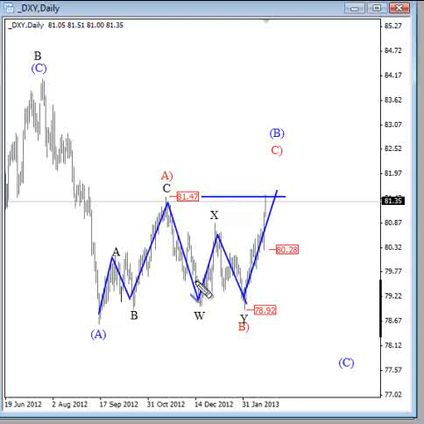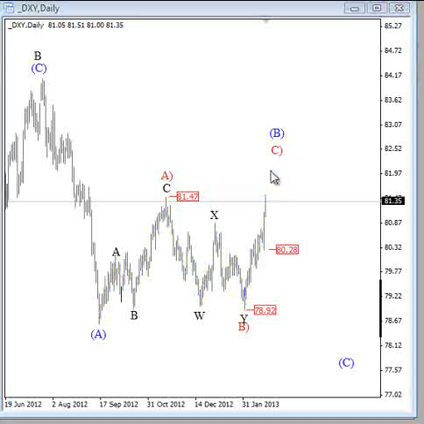So for now I'm tracking the idea of a flat correction. Flat corrections are 3-3-5 patterns, which means 3 waves in wave A, a 3 wave pullback in wave B, which usually finds support around the start of wave A, which was here, and then a 5 wave rally in wave C, which will usually look for a reversal around these levels, around the end of wave A or slightly higher.